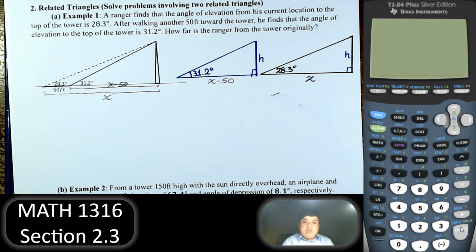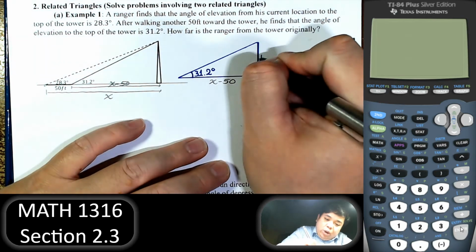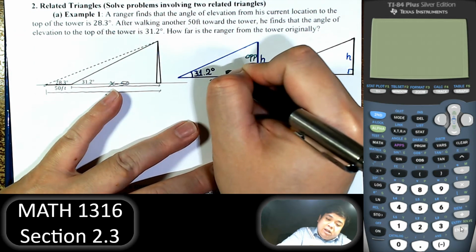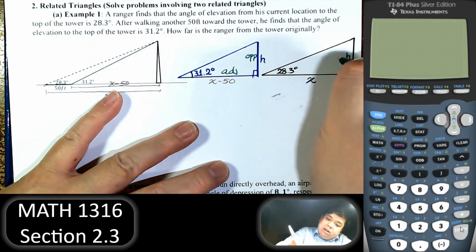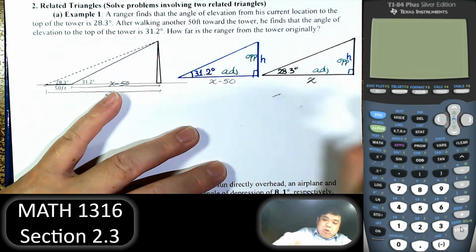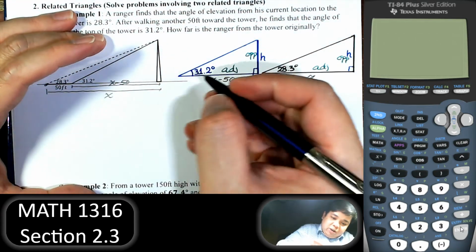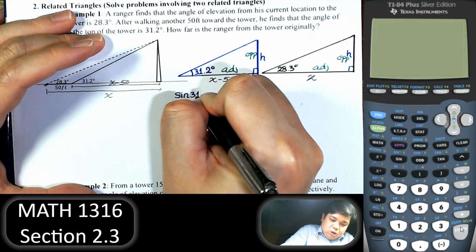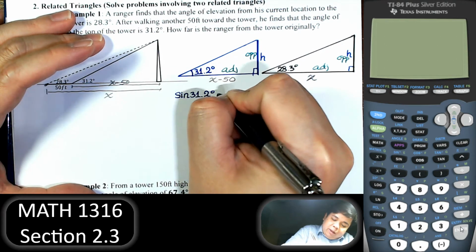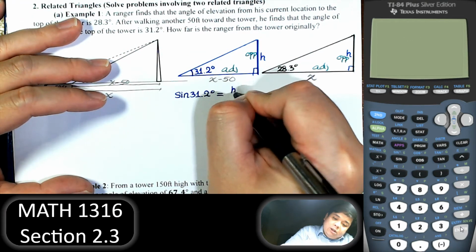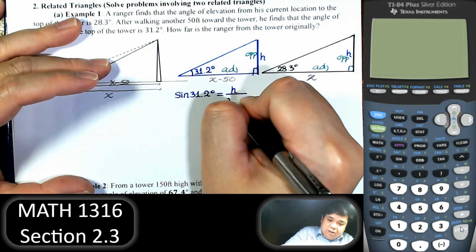Now let's set up the ratios. With respect to 31.2 degrees, we have h as the opposite, and x minus 50 is the adjacent. For the other, h is the opposite, x is the adjacent. Now with respect to this right triangle, tangent of 31.2 degrees equals opposite, which is h, over adjacent.